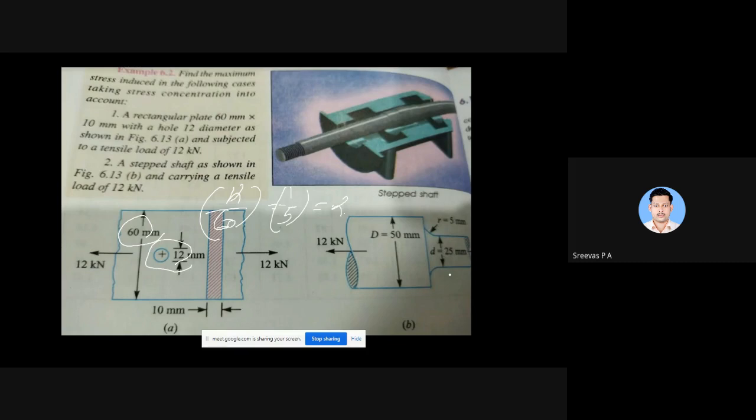Each curve is drawn for a particular D by d value. So in our case, capital D is 50, small d is 25. So 50 by 25, that is 2. So identify the curve for D/d ratio of 2 as well as R/d equal to 0.2. From the point where those two meet, find the stress concentration factor. After that, multiply it with the nominal stress. You will get the maximum stress.